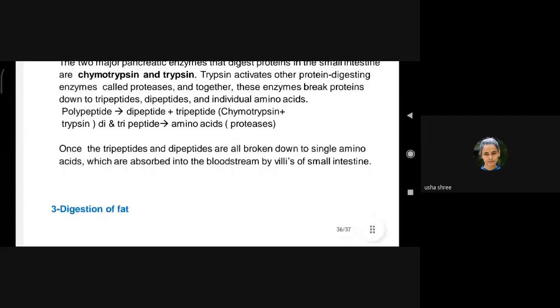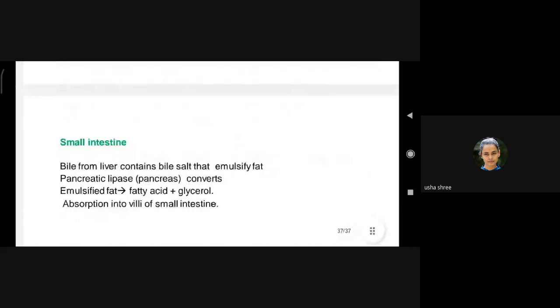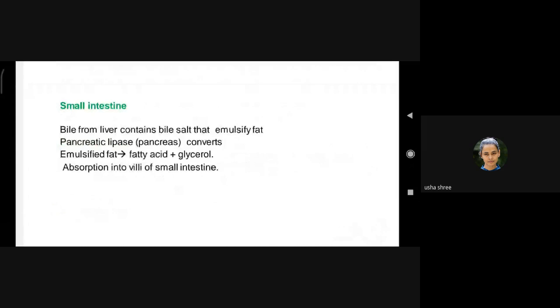Now, next is digestion of fat. Fat digestion takes place in the small intestine only. Bile from the liver contains bile salts that emulsify fat. Pancreatic lipase converts emulsified fat into fatty acid plus glycerol.